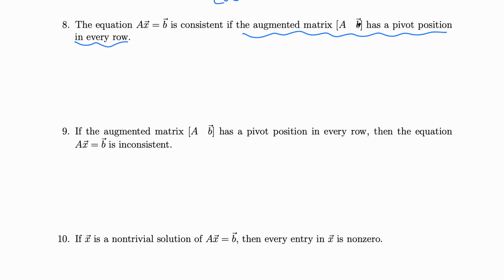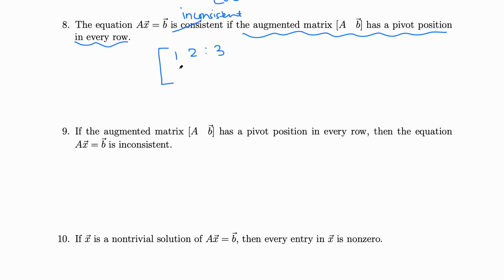For the whole thing, [A b], not only A, we want to show Ax equals b is inconsistent. So a pivot position in every row, so 1 2, now b is 3. So now we are considering the augmented matrix, the whole thing.